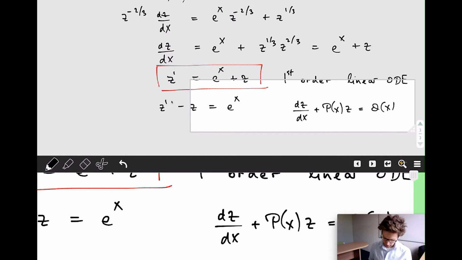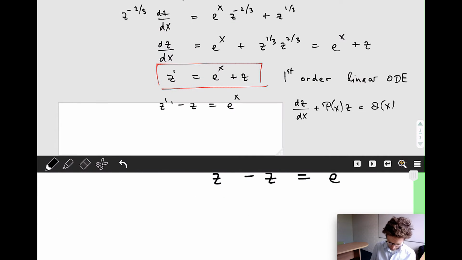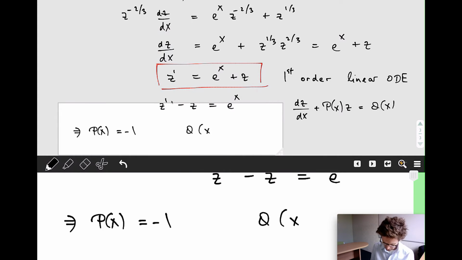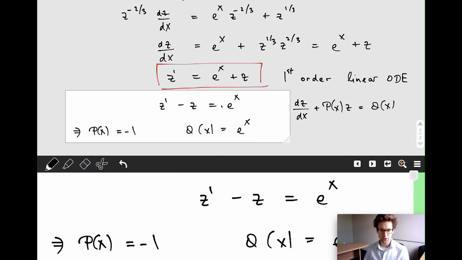So you can see that p of x is going to be minus 1, and q of x is going to be e to the x. I've just compared my differential equation with the standard form for first order linear ordinary differential equations. I've identified the functions p of x and q of x, and now I'm ready to use the integrating factor method.